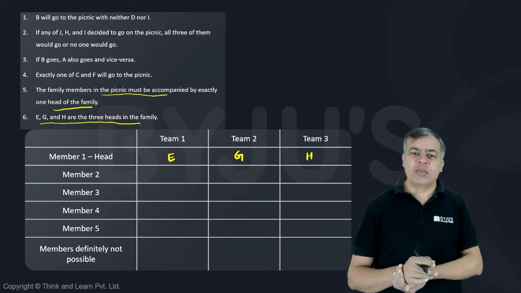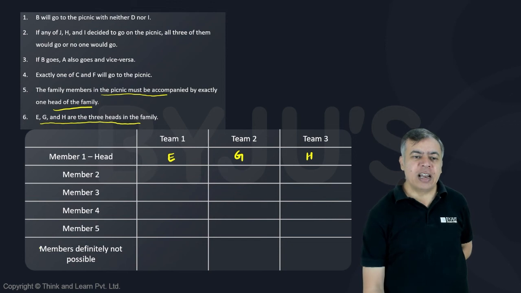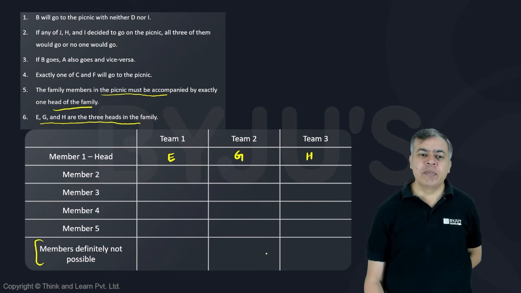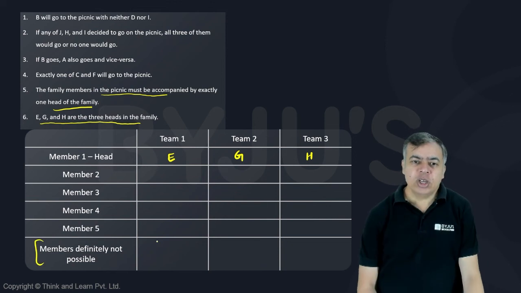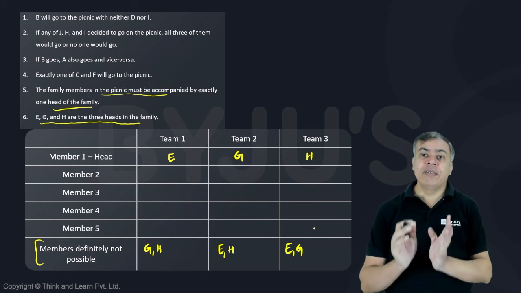So you cannot have 2 heads in any of the cases. So here I have written in the last row: member definitely not possible. So if E is going, G and H are not possible. If G is going, then E and H are not possible here. If H is going, E and G are not possible, because you must have exactly one head of the family.